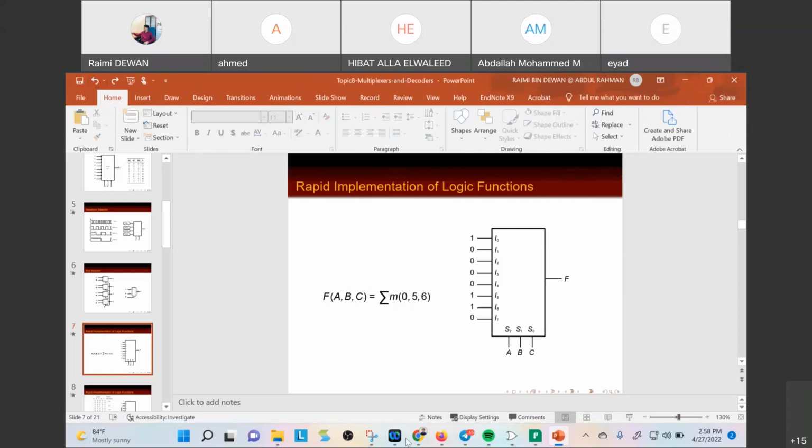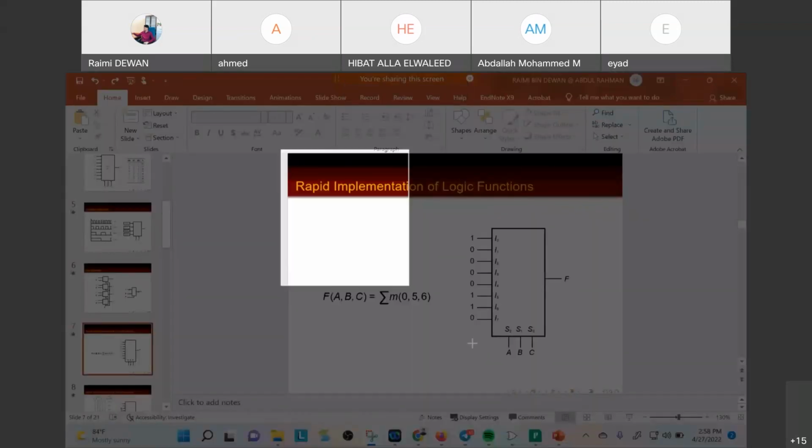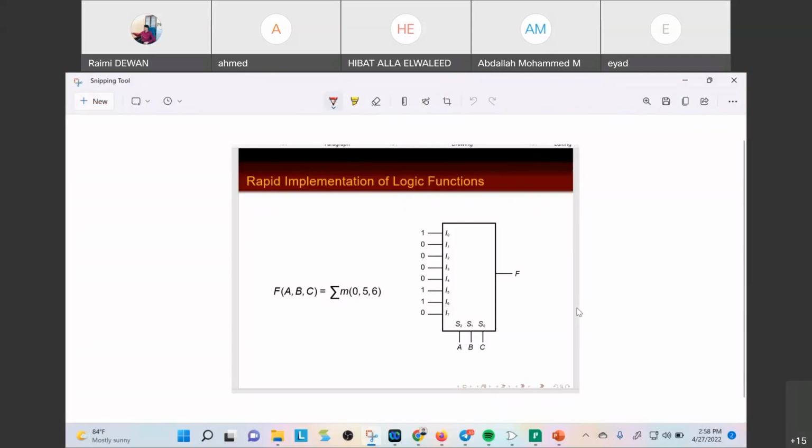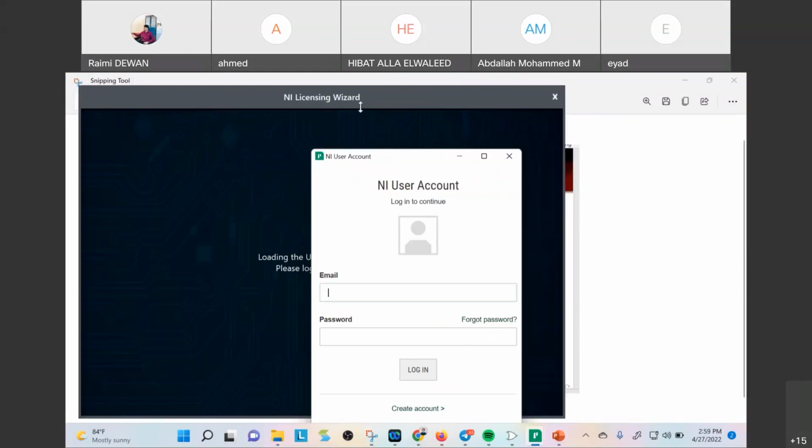For example, if we want to write in different kinds of representation, different ways, we can write this one also in terms of POS. POS, big M. So it's 1, 2, 3, 4, and 7. So this is how you do it.